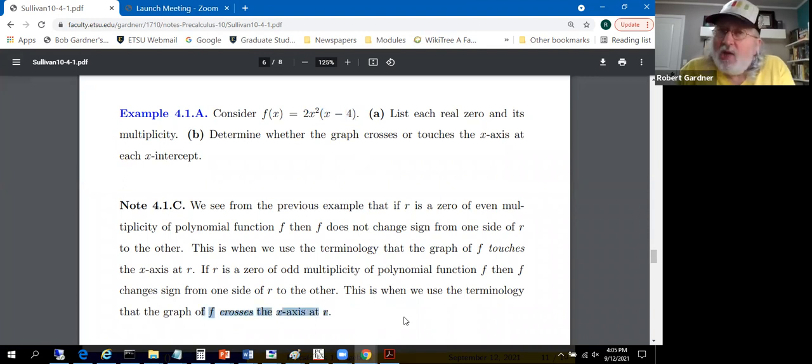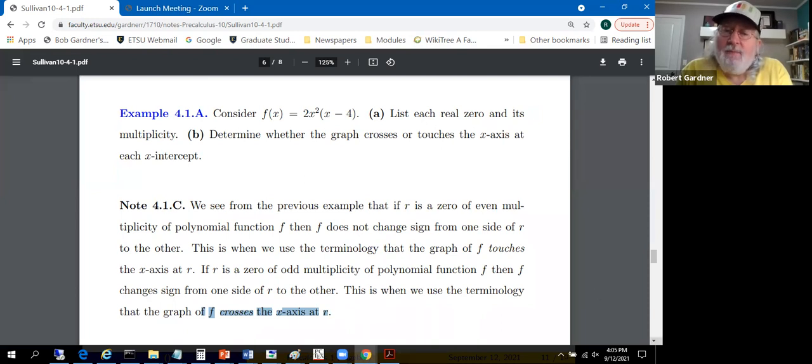So you can tell the difference between touches the x-axis and crosses the x-axis based on evenness or oddness of the multiplicity of the zero at which you have the x-intercept. Even exponents, touches. Odd exponents, crosses.